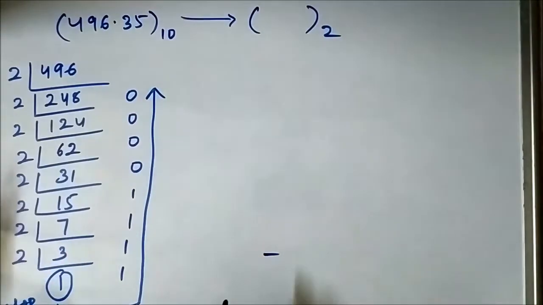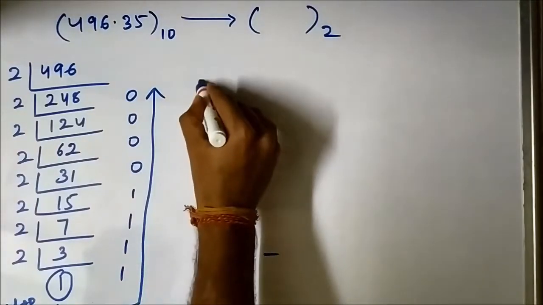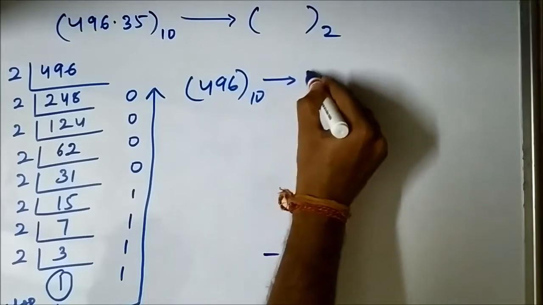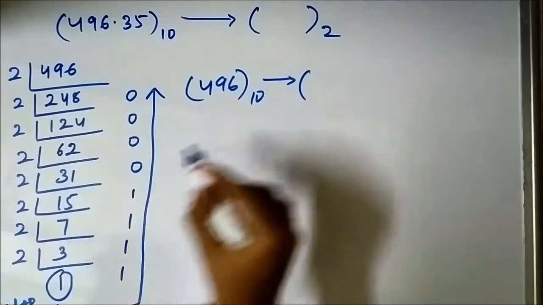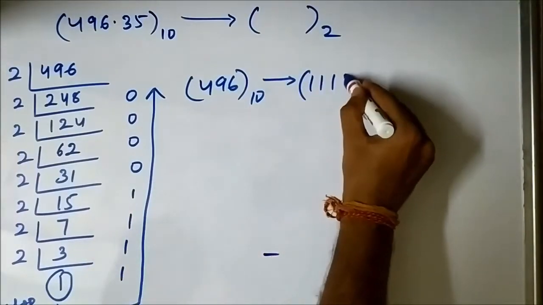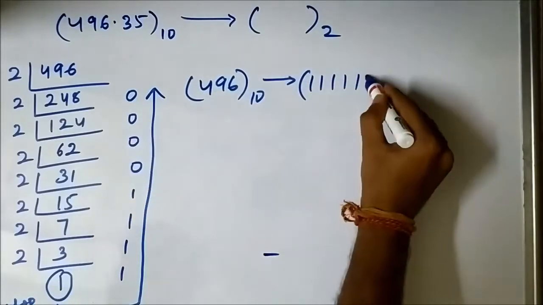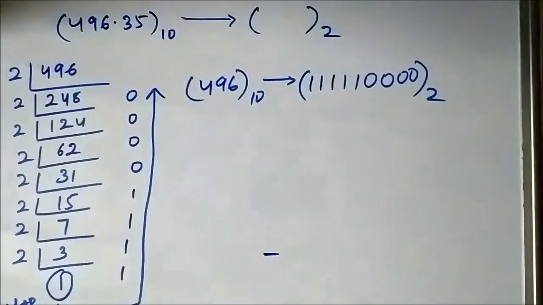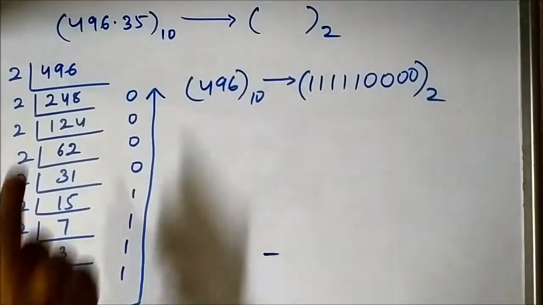So 496 in decimal form has the binary representation of 5 ones followed by 4 zeros. This is the binary representation for the whole part.